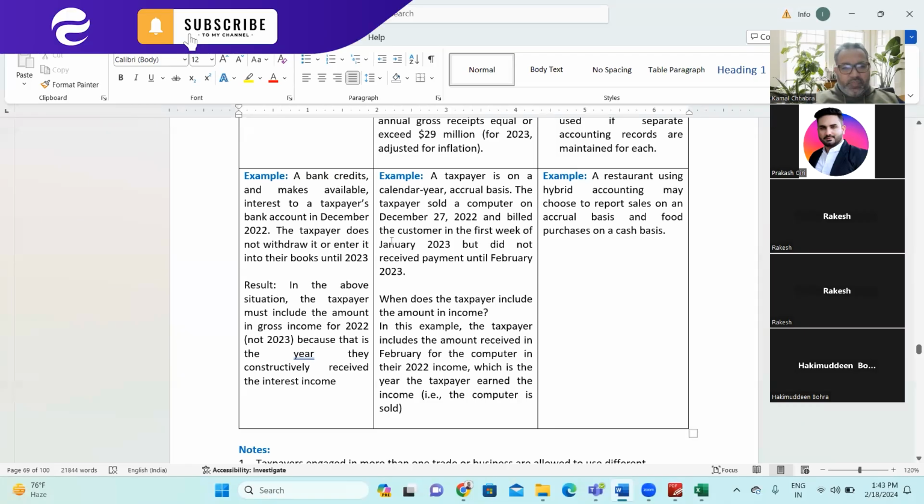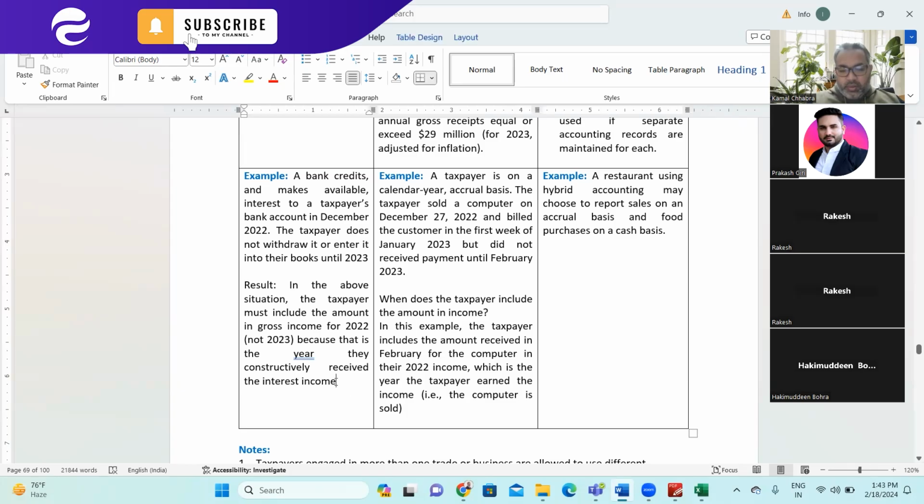The taxpayer does not withdraw it or enter it into their books until 2023. So the result in the above situation is that the taxpayer must include the amount in gross income for 2022, not 2023, because that is the year they constructively received the interest income, right?